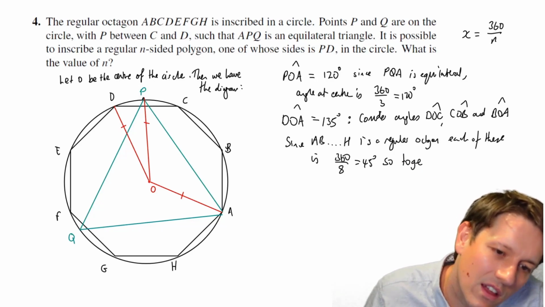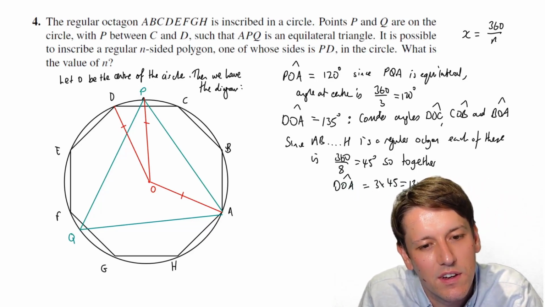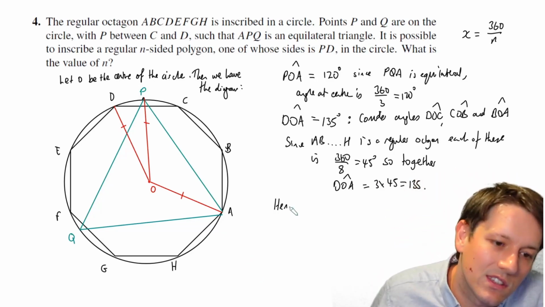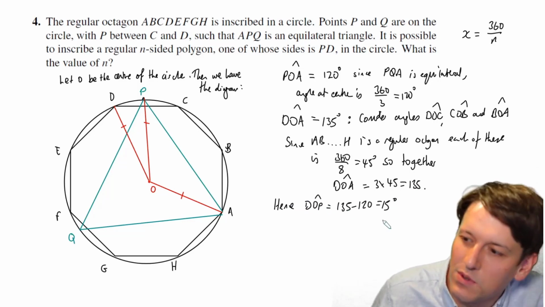So together we have DOA equals 3 times 45, which is 135 degrees. And then we can just say, well, obviously DOP is equal to 135 minus 120, which is 15 degrees.